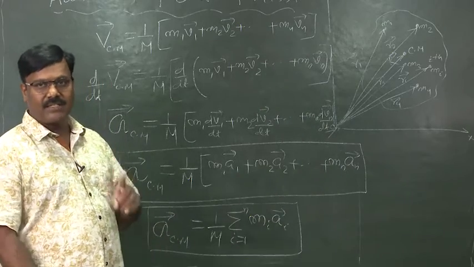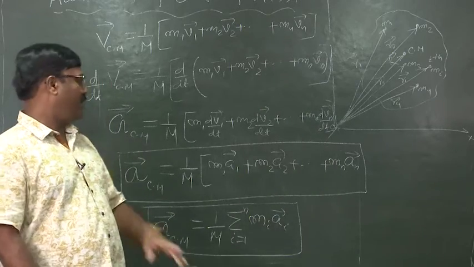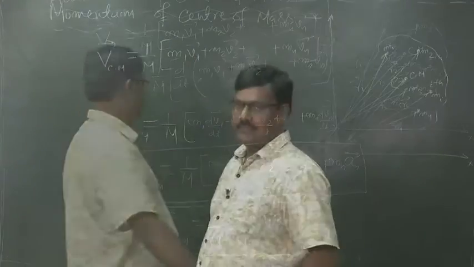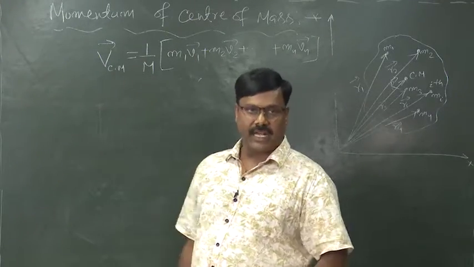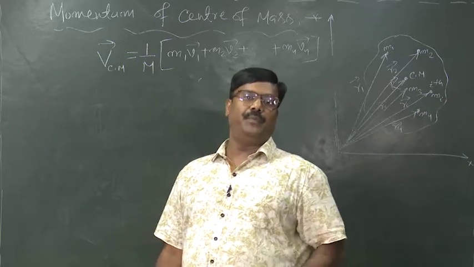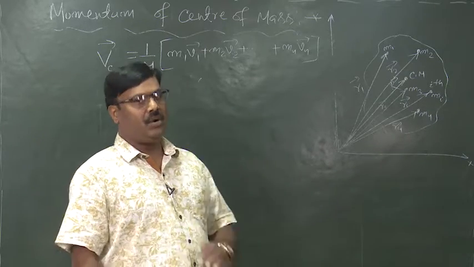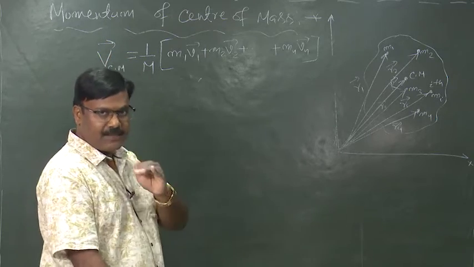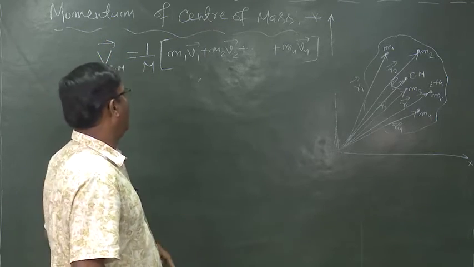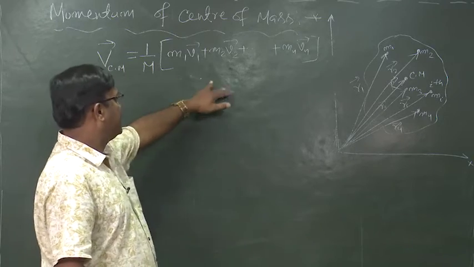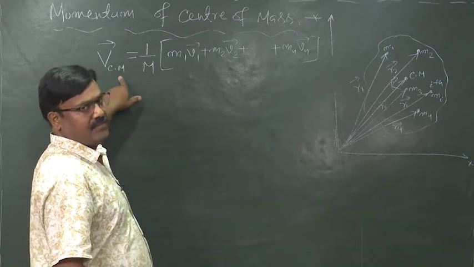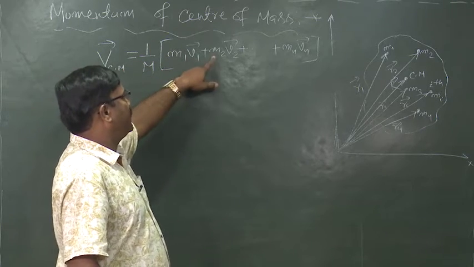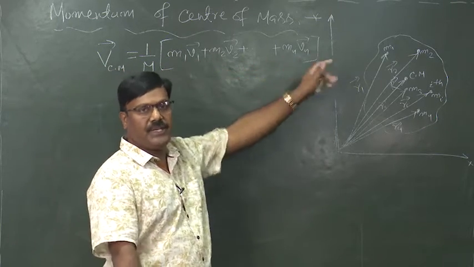Now, let us calculate the momentum of the center of mass of a system of particles. We know that the expression for the velocity of center of mass of a system of particles is v center of mass equal to 1 by m times m1 v1 plus m2 v2 plus up to mn vn.